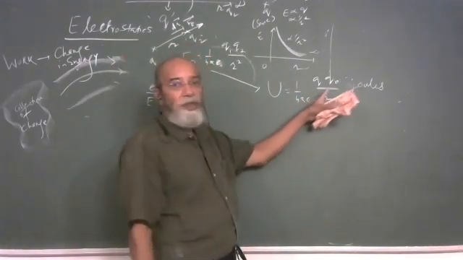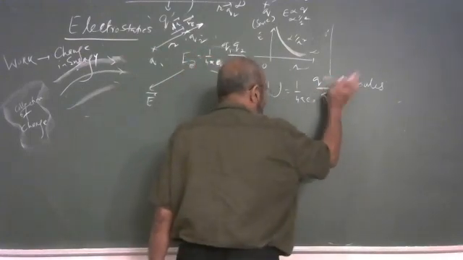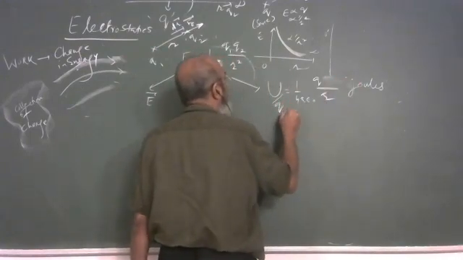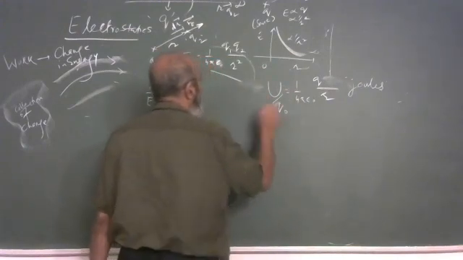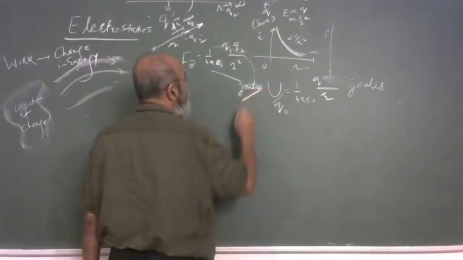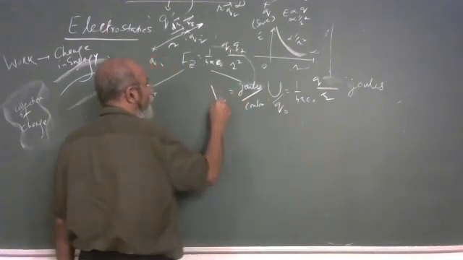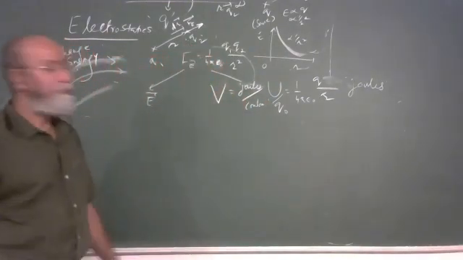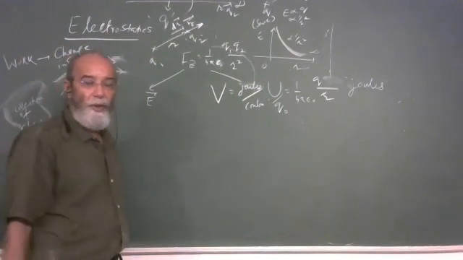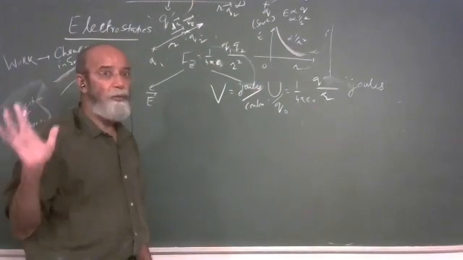I don't want Q naught, so I divide by it: joules per coulomb. This is electric potential, electrostatic potential.